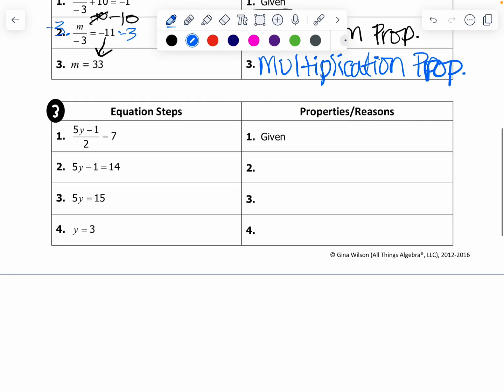Okay, last one. We have first is given, always. What are we doing here? We're timesing by 2 to get us here. So that is the multiplication property.